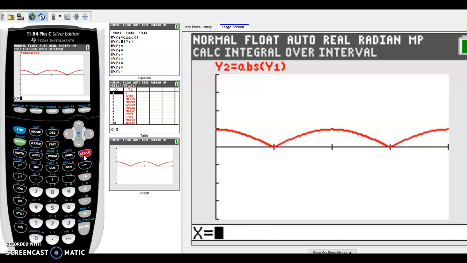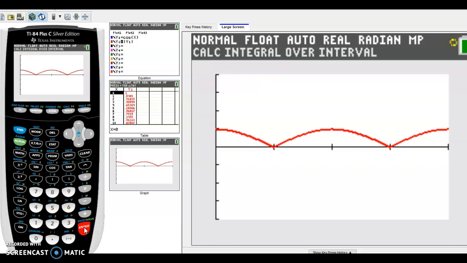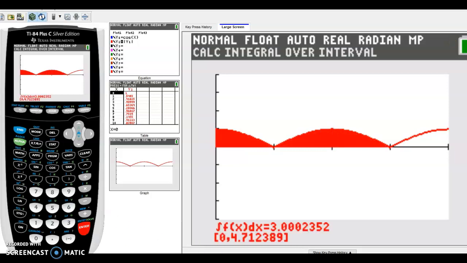Oh my, I got that one wrong. My cursor is very sensitive here. And notice it will shade in those regions and give us what we found before.